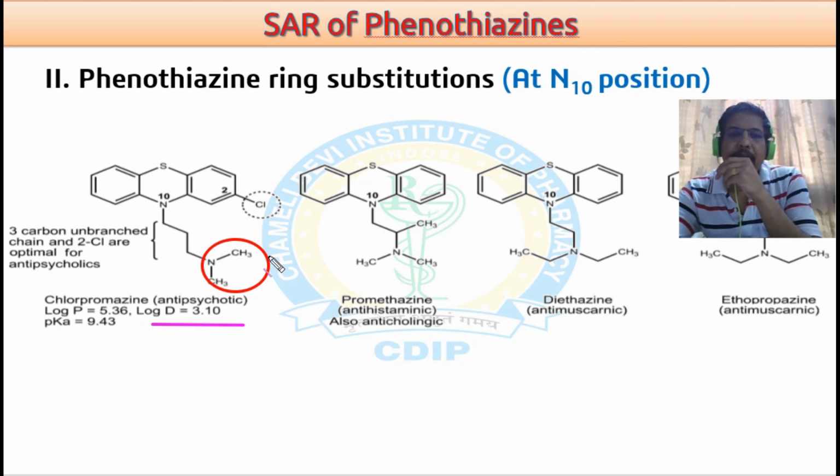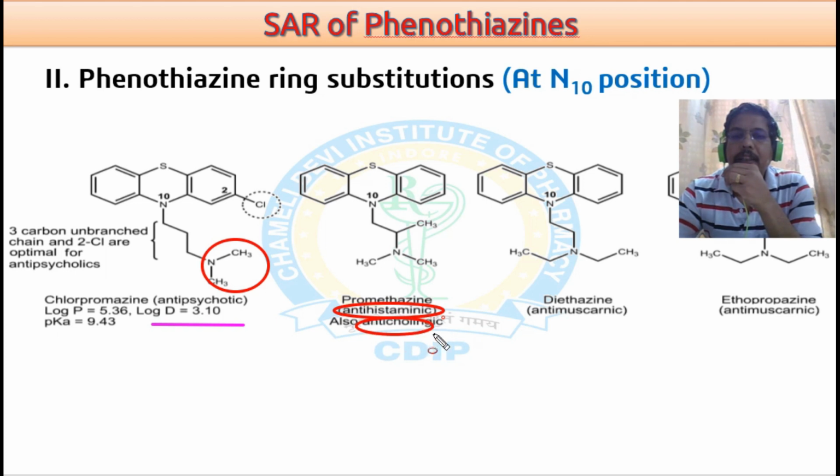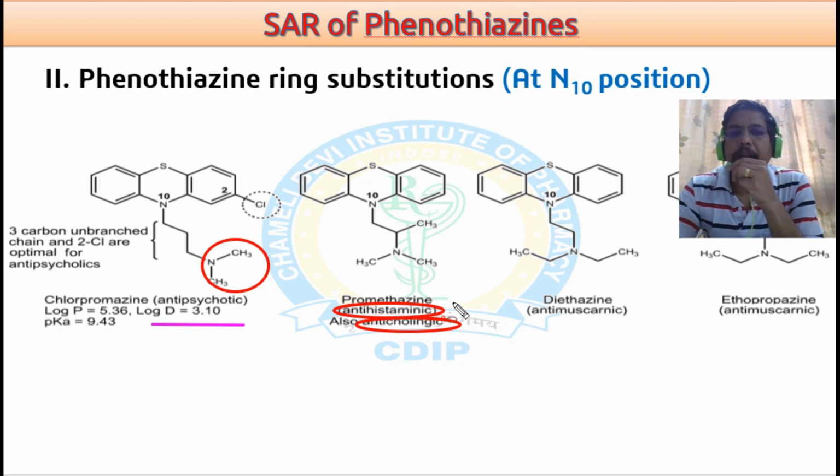But if we change the position of this dimethylamino from the gamma carbon to the beta carbon, then the compound shows antihistaminic activity as well as anticholinergic activity.